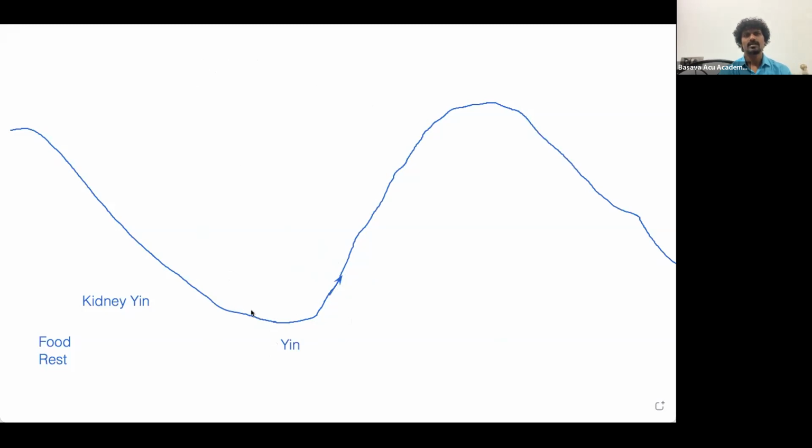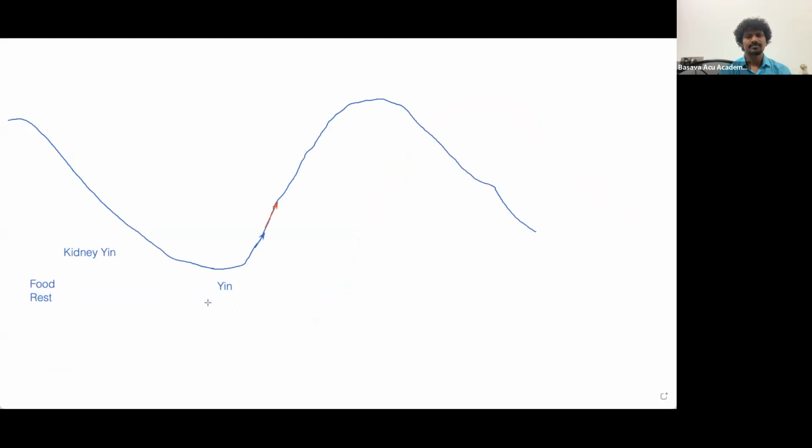If you want to raise the yang, how can you raise the yang? So learn from nature. The deep winter in nature creates the extreme yin energy. You might have observed some of the Discovery and Natural Geography channels. Most of the animals go into hibernation.